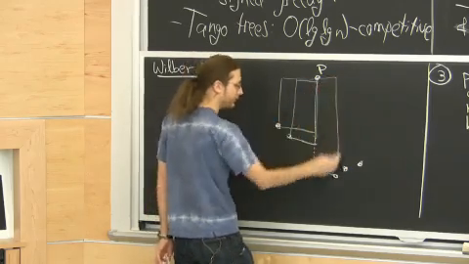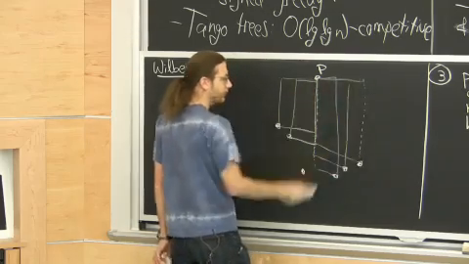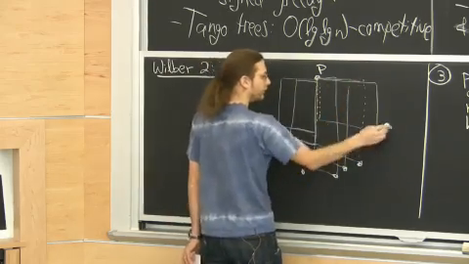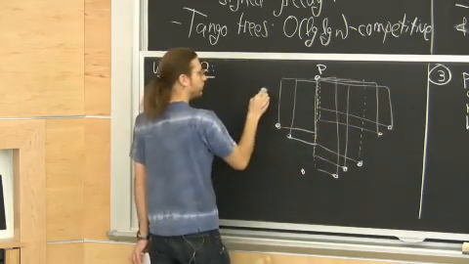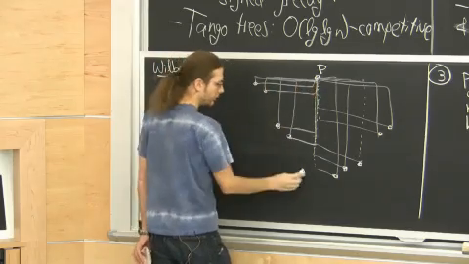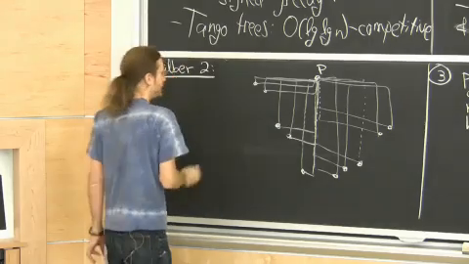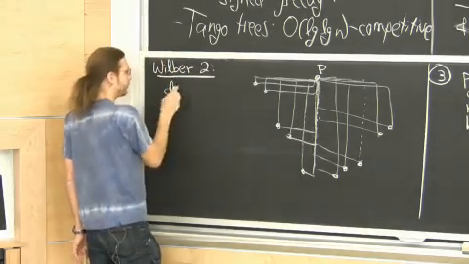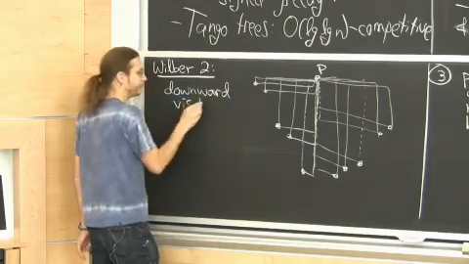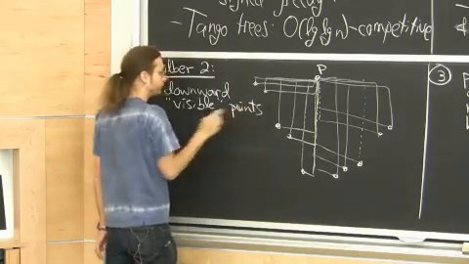All of these rectangles have to be empty. So these are the downward visible points from P.